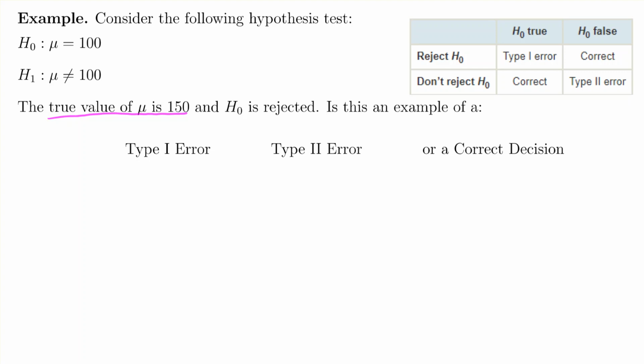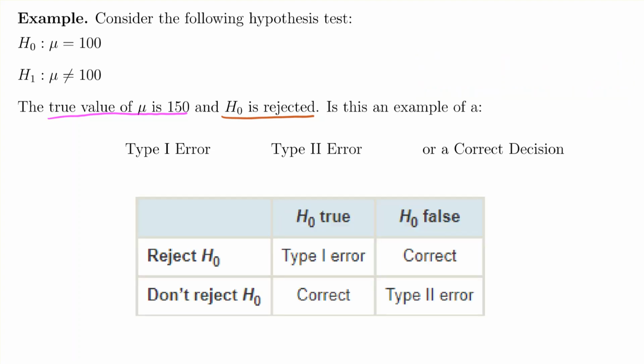Now, in the course of our hypothesis test, we end up rejecting H0. And then they're going to ask us, is this an example of a type 1 error, type 2 error, or a correct decision? Just to clarify what's going on, normally we would not know this information, because if we knew it, why would we need a test about it? But we've been told something behind the curtain.